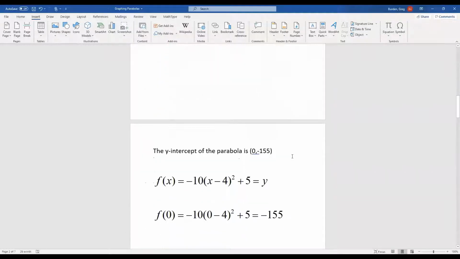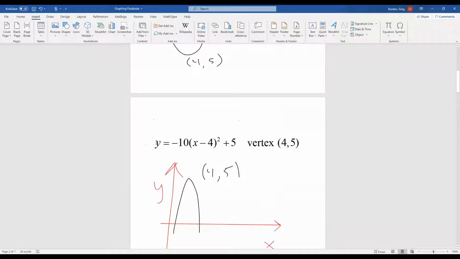It doesn't move. Okay, so how do you find the x and y intercepts of something like this? If you look at my graph, it's poor again, but it does cross the x-axis. I know it has to because from the negative 10, I know that it's going to be concave down, it's going to open down. The vertex is up here at 5.